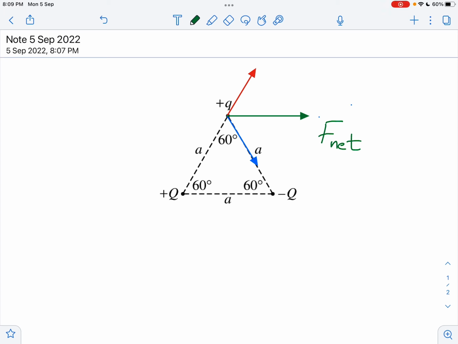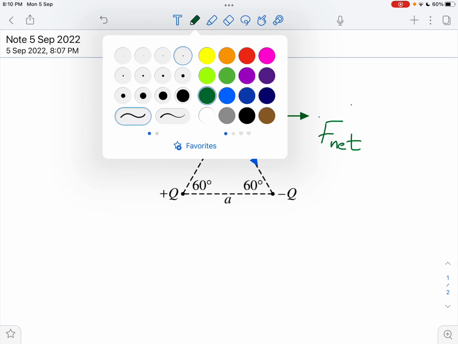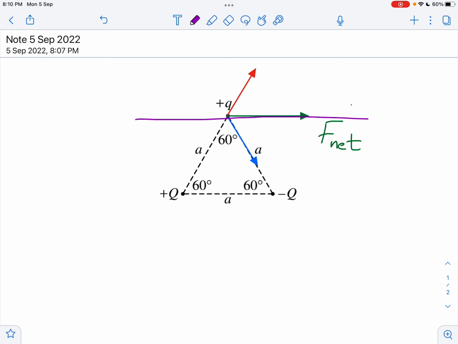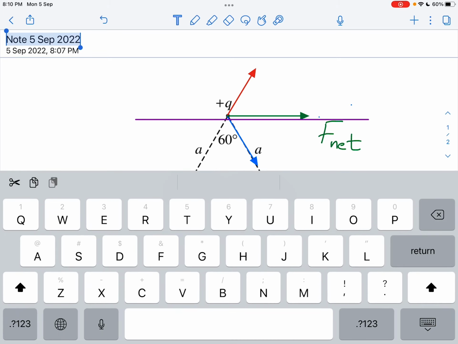That's number one. Now I would like to find the magnitude of that resultant force. How to find the magnitude of the resultant force? So let's draw an x-axis and a y-axis. So that's the x-axis.